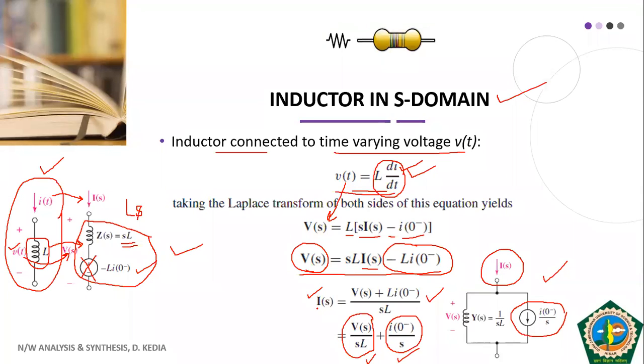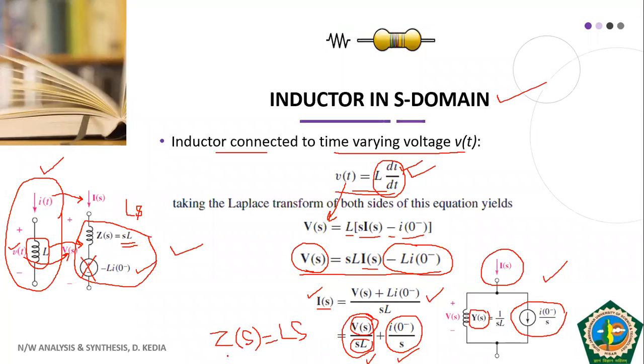And this is I is equal to V by R. So V is already there, R, or you can say Zs, impedance in s. In the case of an inductor, Zs is nothing but Ls. But here it has been shown as 1 by Ls because you are representing it by admittance.